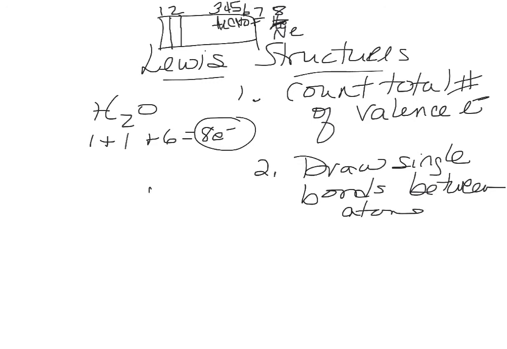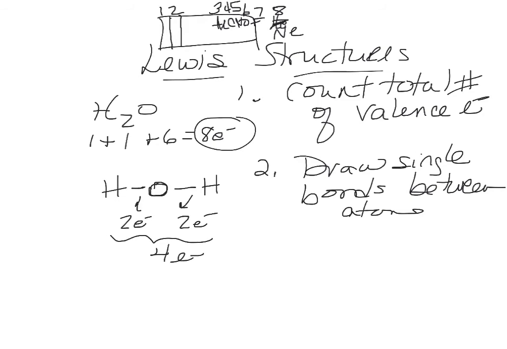Okay? So now remember, each single bond contains 2 electrons. So we have used a total of 4 electrons so far. You've got to find a home for all of the valence electrons. So we have 4 more valence electrons we have to find a home for. Well, hydrogen, if you have forgotten, can only hold a maximum of 2 electrons, okay?